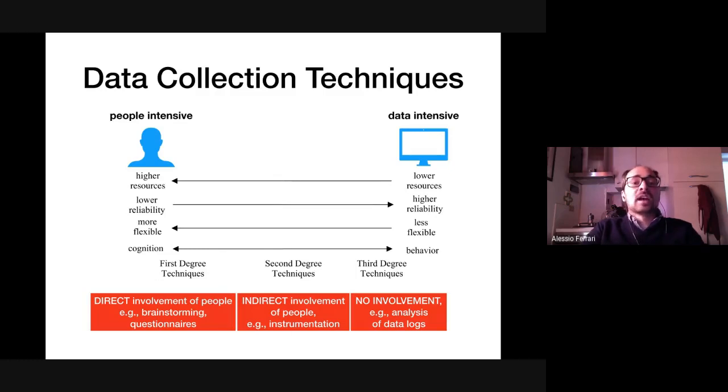Then you have to consider that they are also more flexible in general as data collection techniques. So you have a less strict way of collecting the data, and they are normally oriented to understanding things related to cognition. Since you have access to people, you want to access things that you cannot get from their code. So you want to get things that are more human oriented. So cognition, but also emotion.